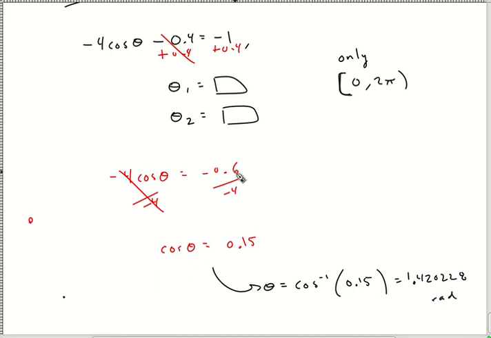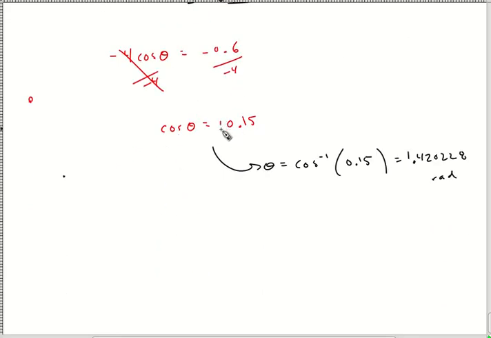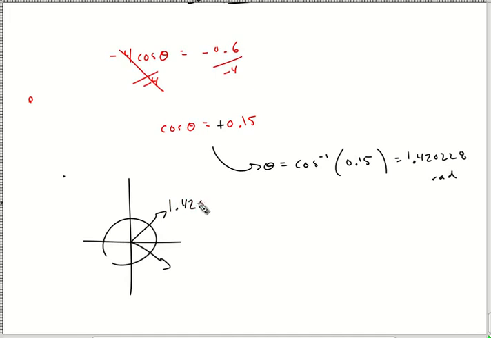Well, if we go back, I'm looking at the cosine is a positive x value. And where are positive x values? They're going to be here, and they're going to be here. And so what I found was 1.42 is right here. How do I know that? Because right here at the top is 1.57. So we went up some.